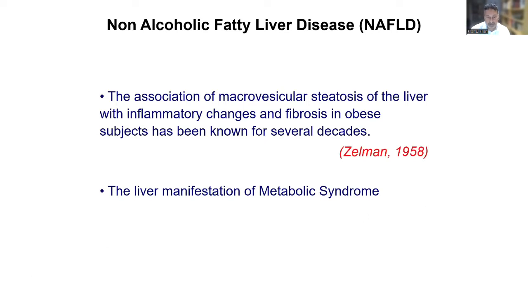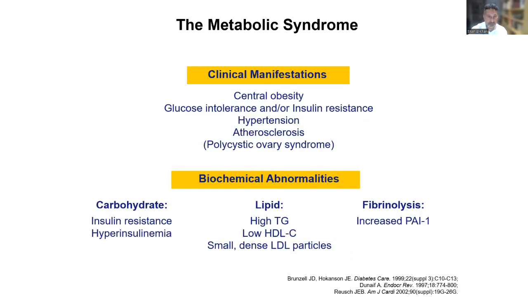It's now considered that NAFLD is the liver manifestation of the metabolic syndrome. But the metabolic syndrome is very common all over the world. It's where you have obesity, associated type 2 diabetes and insulin resistance, hypertension, hyperlipidemia, often in women associated with polycystic ovaries. And now it's recognized that liver disease is, probably, the liver manifestation of the metabolic syndrome.